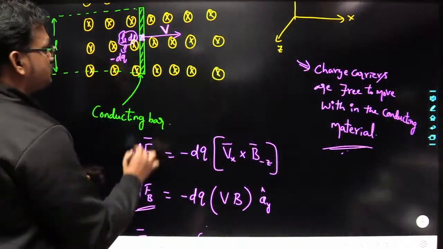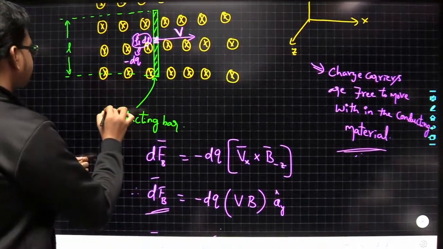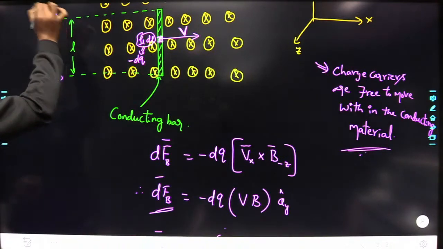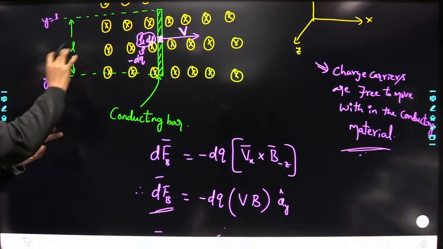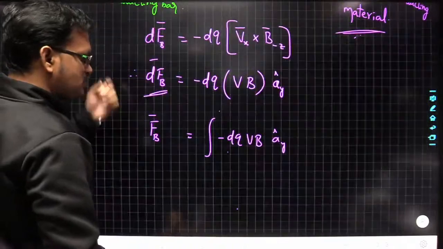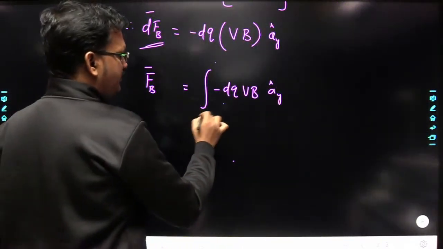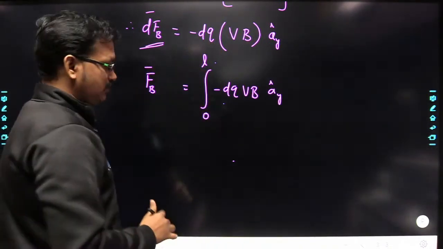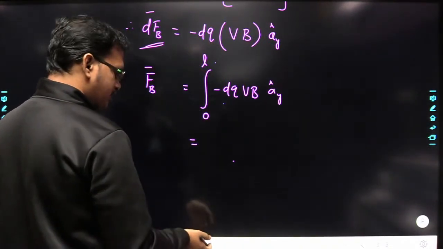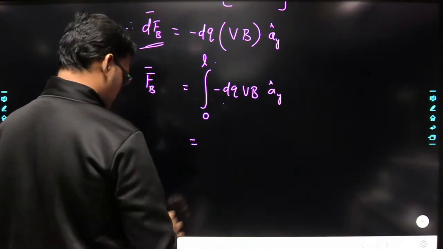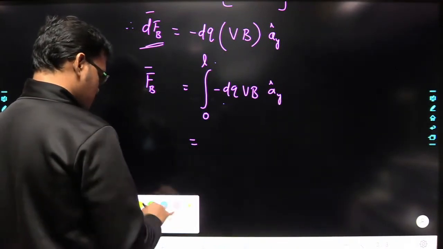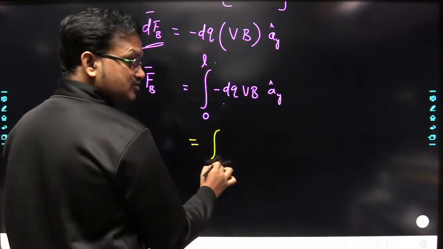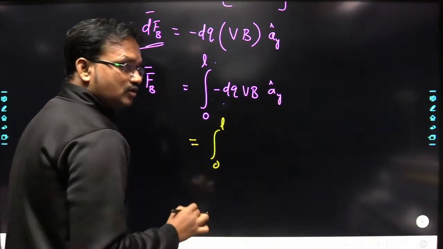Let us assume here y is equal to 0 and here y is equal to L. So the distance from here to here is nothing but L. So I am integrating from 0 to L throughout the length. I am just following the procedure; you have to get habituated with this procedure. So here integral 0 to L.